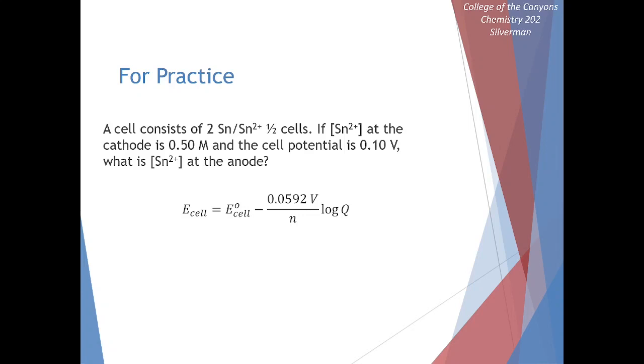So, okay, let's use our equation. We know that the cell potential right now is 0.10 volts. And we know that the standard cell potential has to be exactly 0. For our tin-2 reaction, we have exactly 2 moles of electrons being transferred.